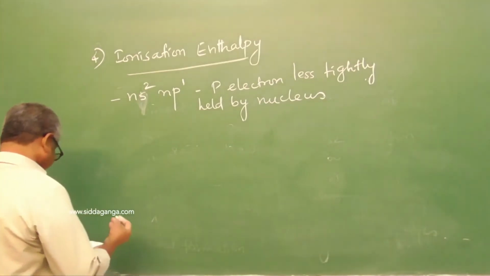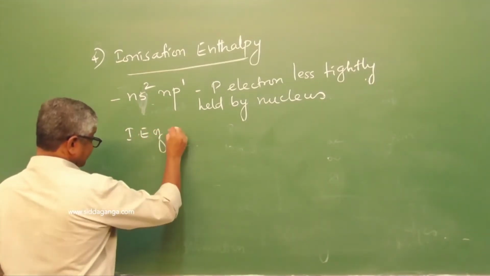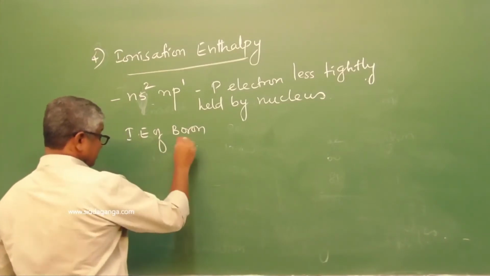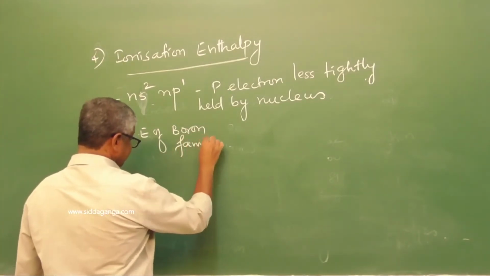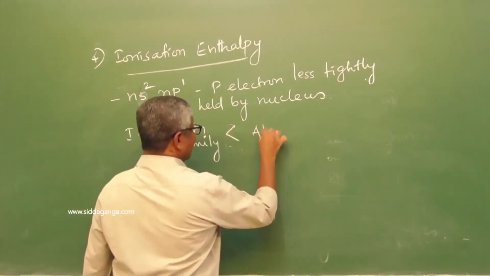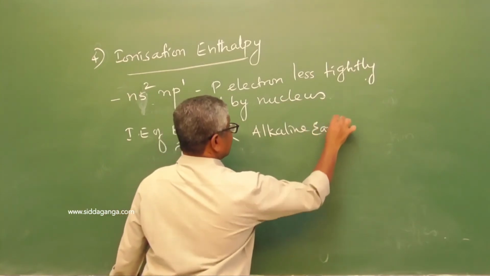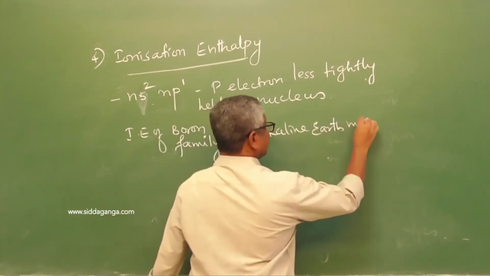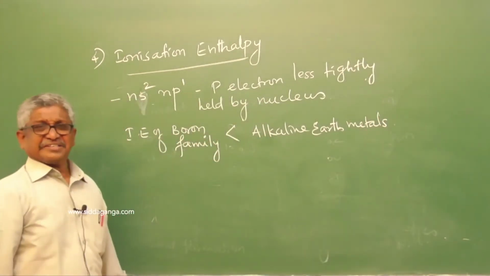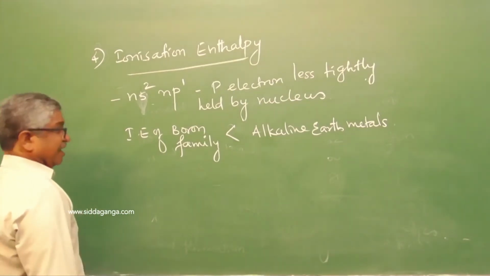Because of that, the ionization energy of the boron family is less than alkaline earth metals, which are of the same period.